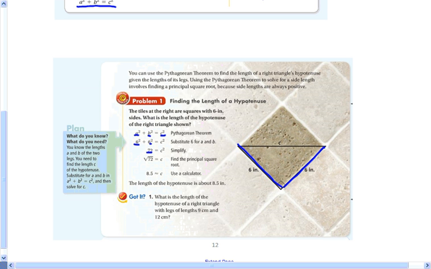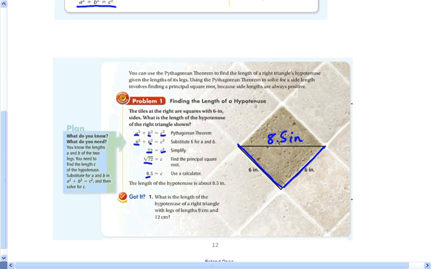Actually, this equation has two answers, a positive and a negative, but we only want the positive one since we're talking about a real length of a tile here. So we take the square root of 72, and that's about 8.5. So this length is about 8.5 inches. Not exactly, but pretty close. You can check it on your calculator by doing the square root of 72.